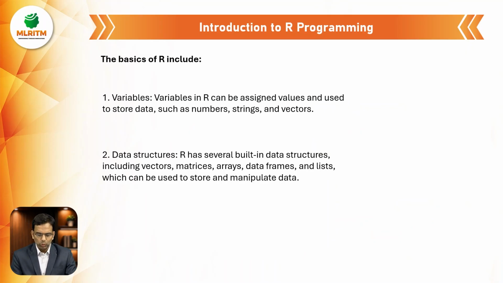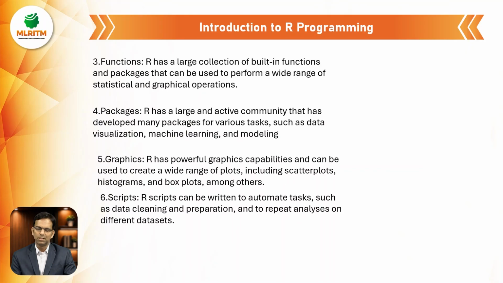Next, if you look at R programming, it includes various types of operations like variables, data structures, functions, packages, graphics, scripts, some other operations, conditional statements, maybe procedures, and such types of operations on the data.